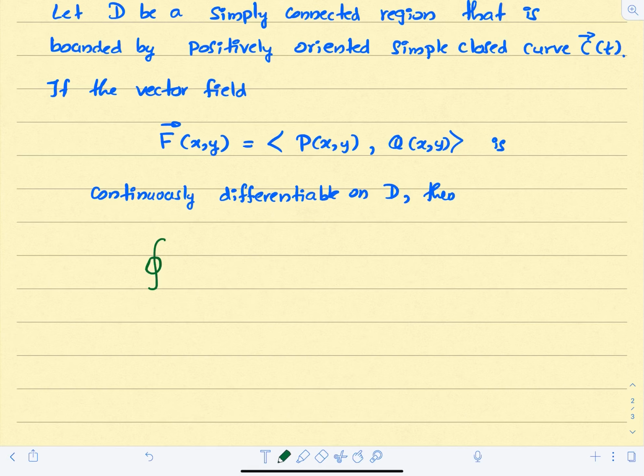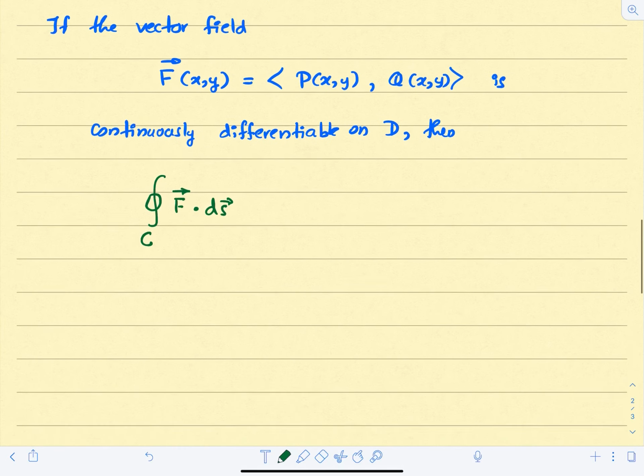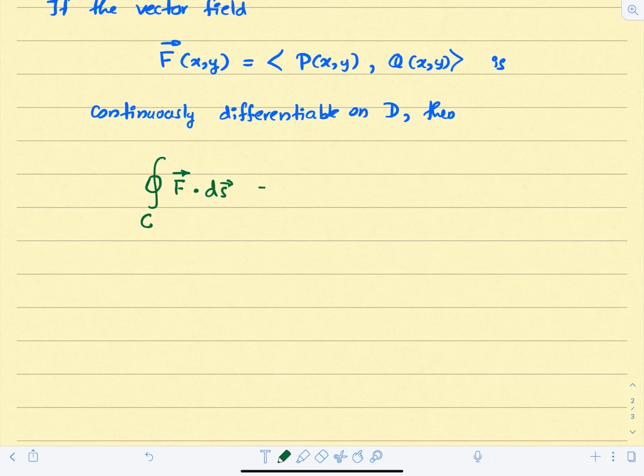the line integral over the closed curve C of F dot ds, or sometimes we write the same integral using the differential form, P of x, y dx plus Q of x, y dy.